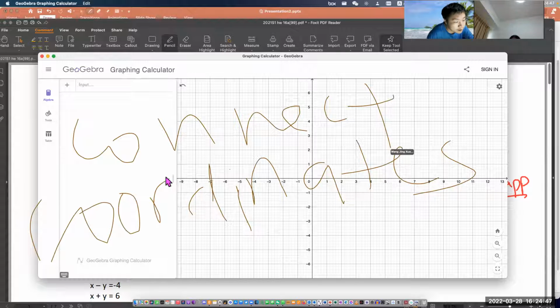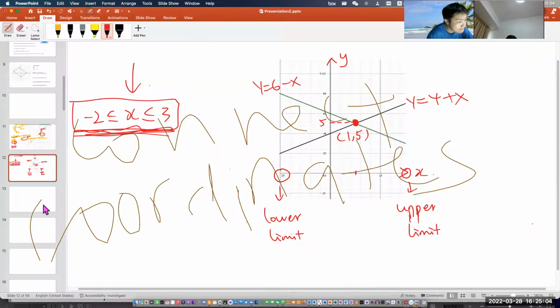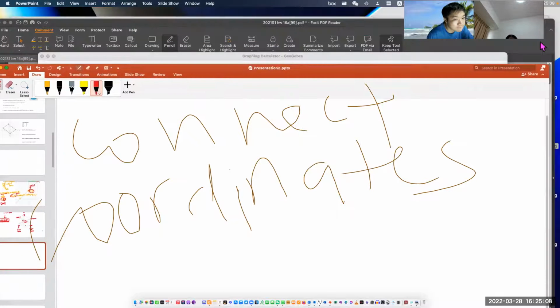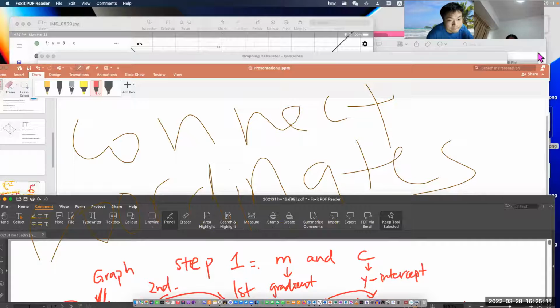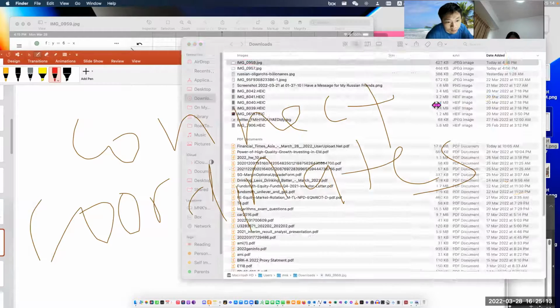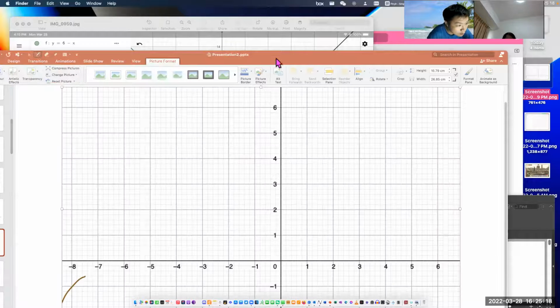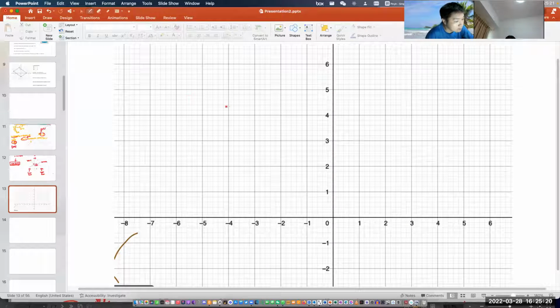Yep, connect the coordinates. But in order to connect coordinates, you need to have the coordinates first, or the points first. So how do you get the points first? Let me get the graph out to you. How do you get the coordinates out?